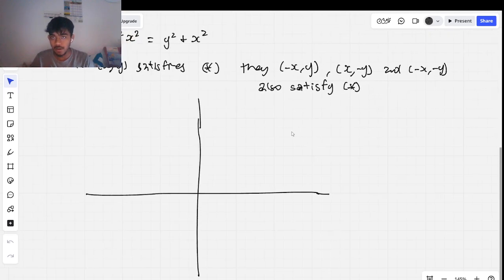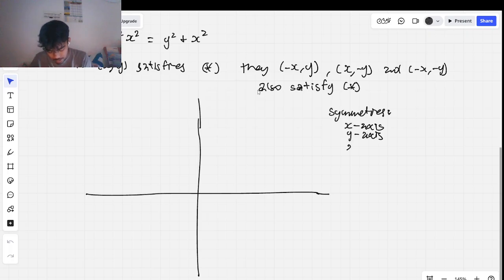So not only is this expression symmetric in the line y equals x, it is also symmetric in the x-axis, the y-axis, and of course the line x equals y.